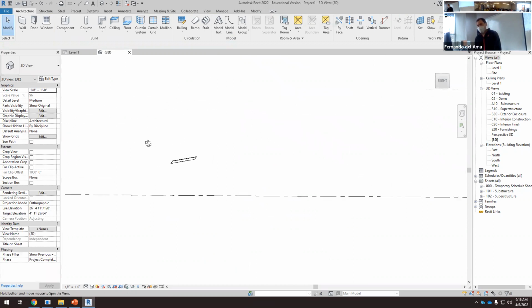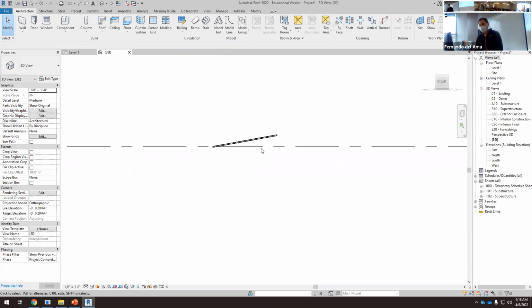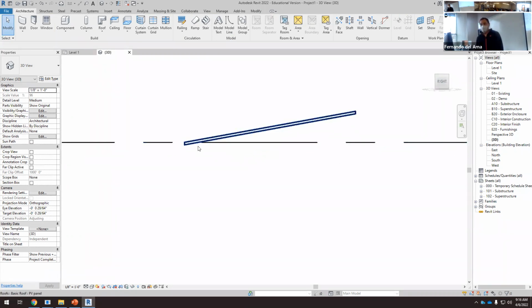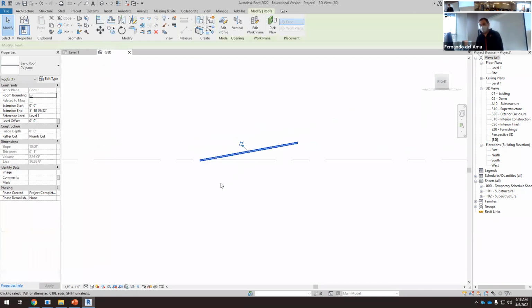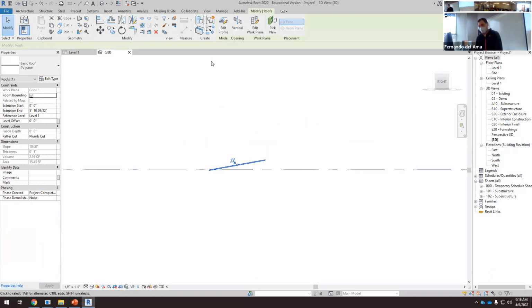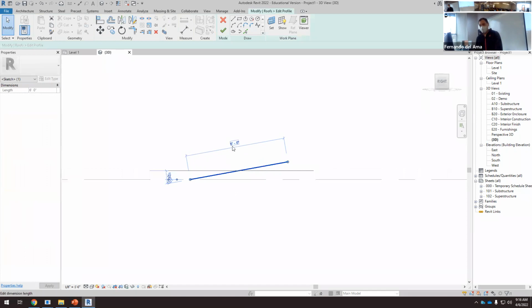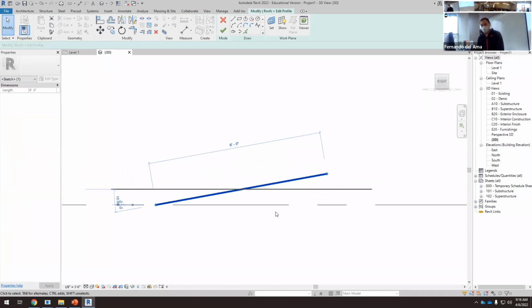Okay. So your angle will be 10 or 11, depending on your ID, but it has to be a 6 inch. If we edit profile, this is a 6 inch panel, and this angle is 10, and that angle is 170.